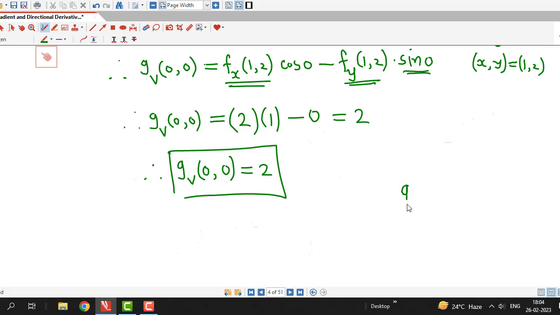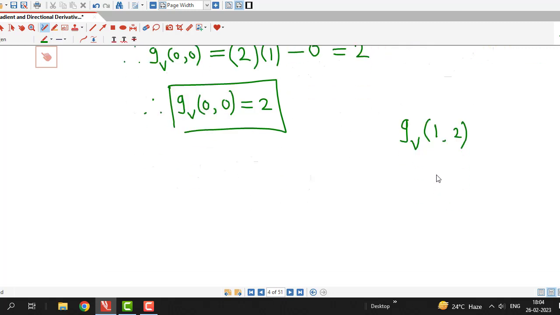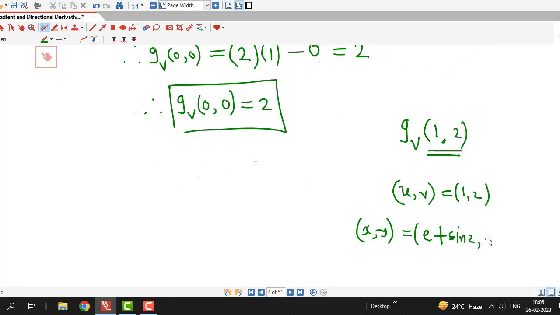And we are also asked to find partial derivative of g with respect to v at point 1, 2, but as we discussed, if we have values of u and v equal to 1, 2, then values of x and y are e plus sin 2 and e plus cos 2.